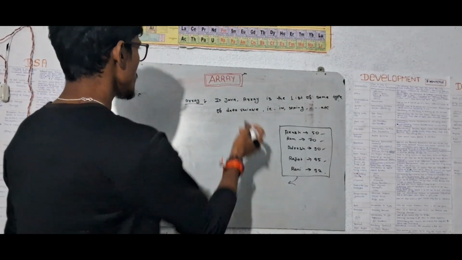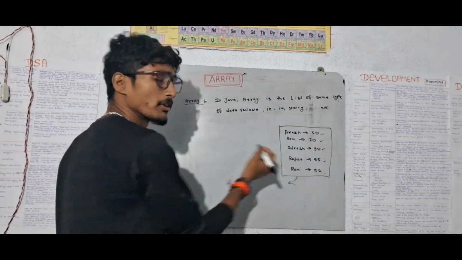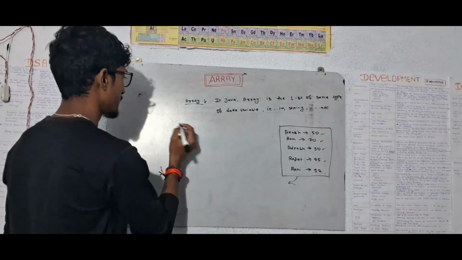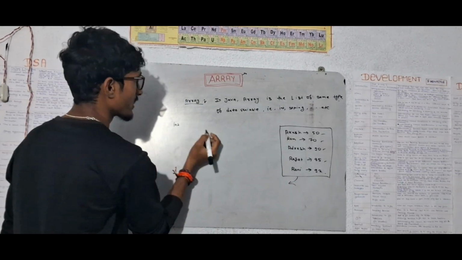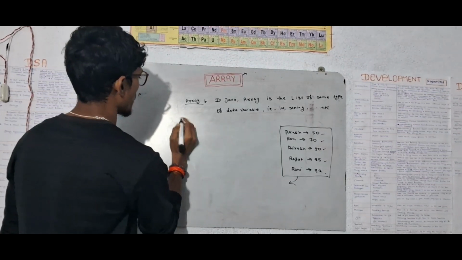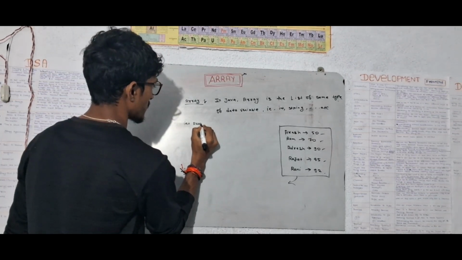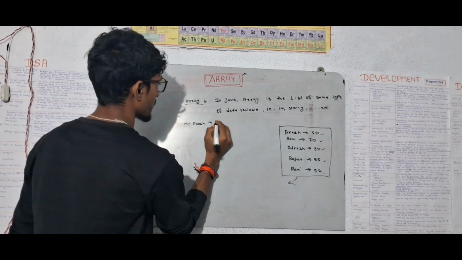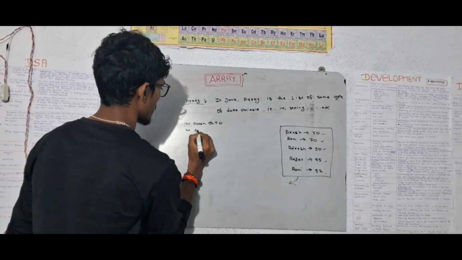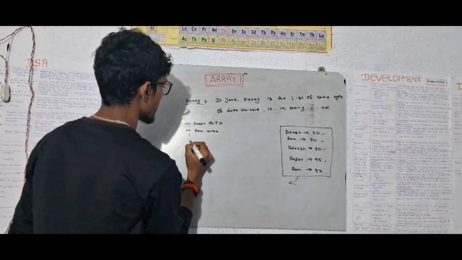If we want to store all the data without using an array, then how can we store it? First we need to make a variable, int Akash is equal to 50, and int Ram is equal to 70, and so on.